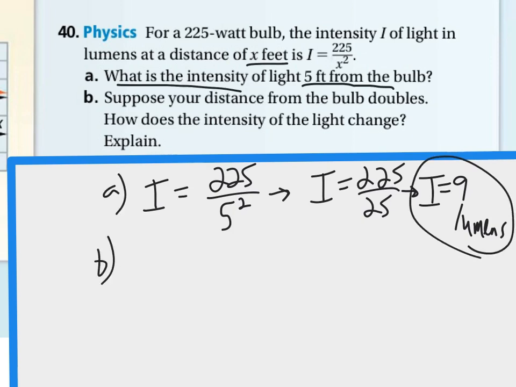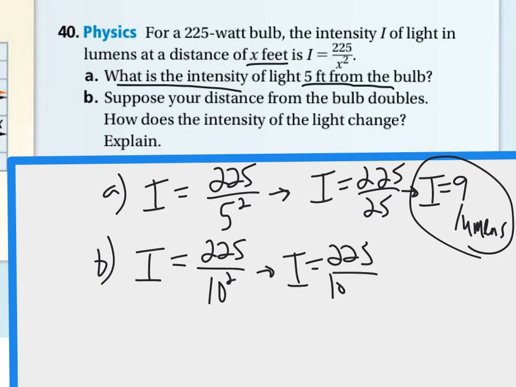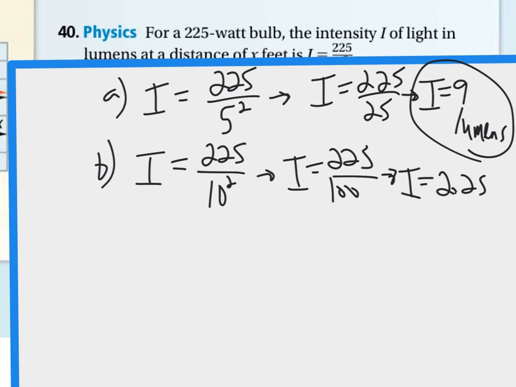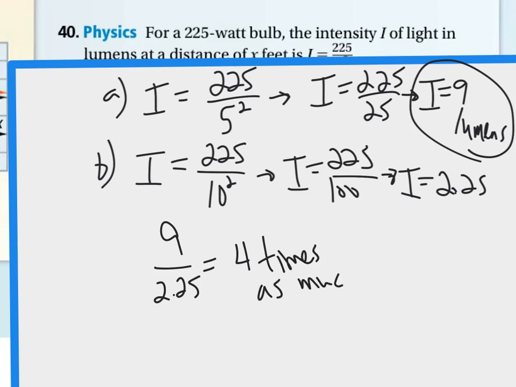And then part B, if the distance from the bulb doubles, how does the intensity change? Well, if you want to, you could just say if it doubles, now if it's 10 instead of 5, what would that be? So that would be 2.25. So if you take 9 divided by 2.25, it was 4 times as much.